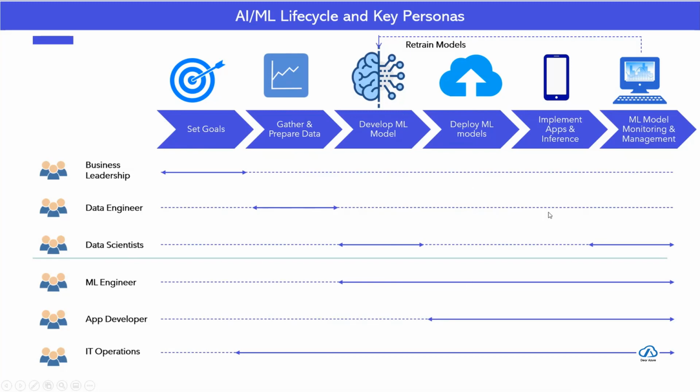They work with the app developers to connect the model with the web and mobile apps. When the model is deployed by the ML engineers and connected by the app developers, the data scientist works again on monitoring, data drifting, and identifying if there is any bias, all those things.